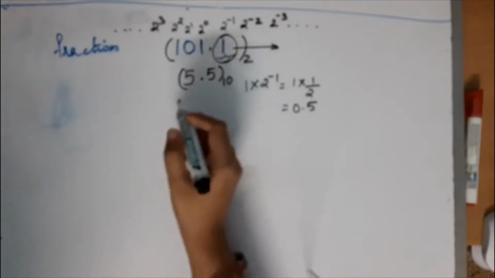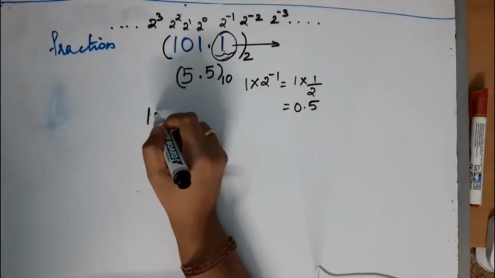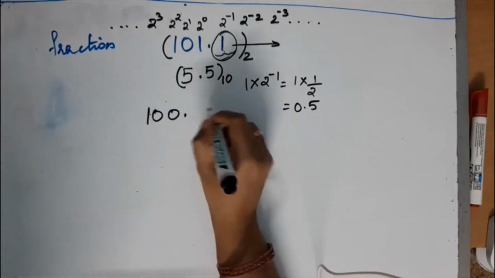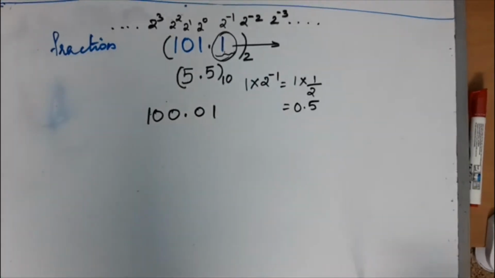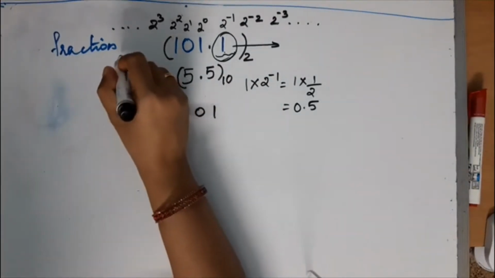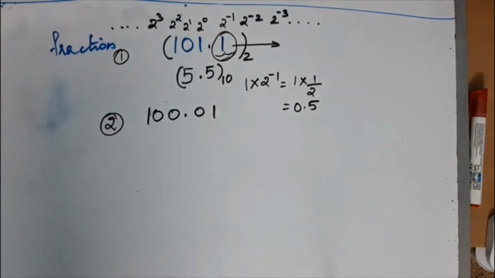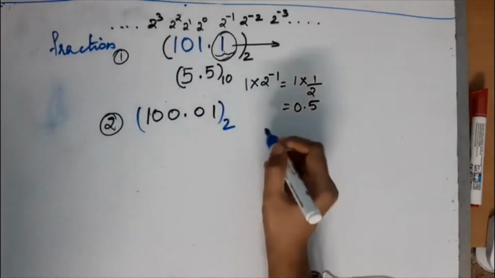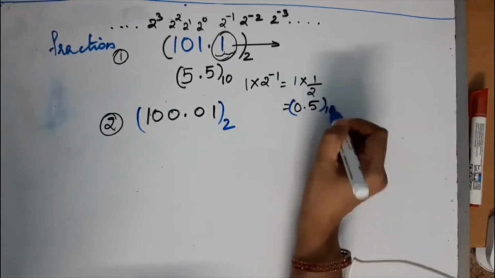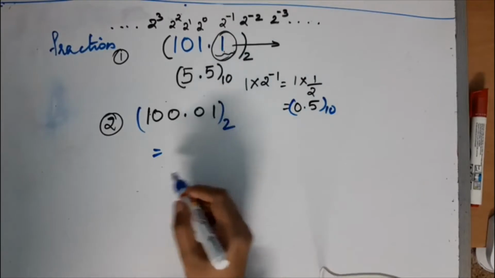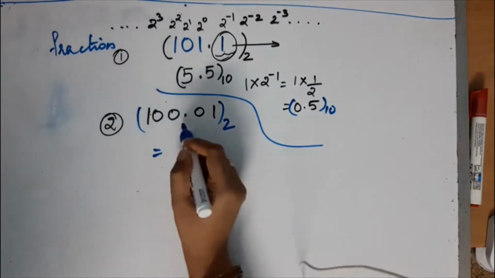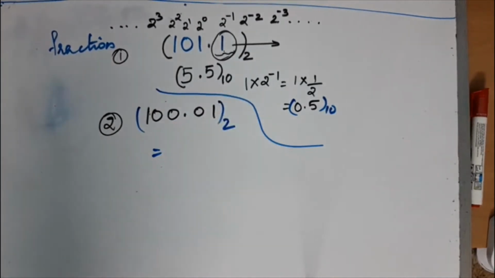If we are to take another example, let's take 100.01, say, to the base 2. So this we have to convert to decimal.